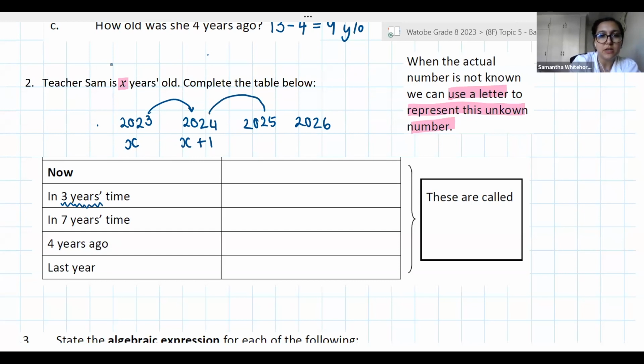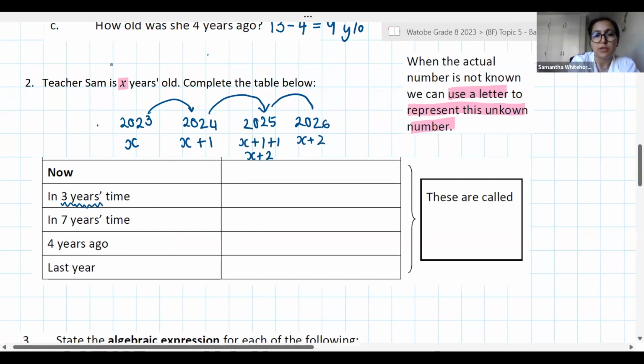In 2025, I will be whatever I was in 2024, which was X plus 1, plus another year. So that's actually just X plus 2. And in 2026, I will be what I was in 2025, which was X plus 2, plus another year. So that's actually X plus 3.